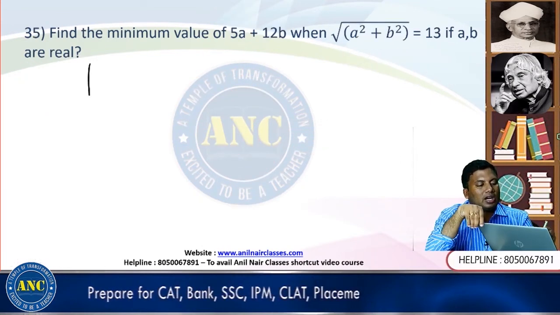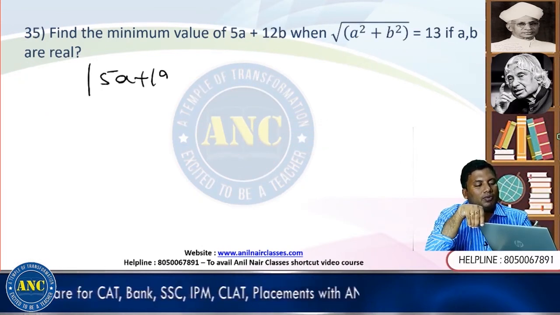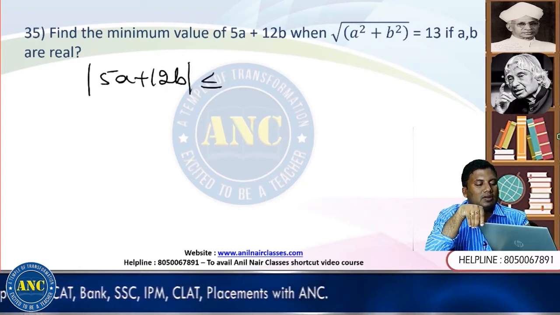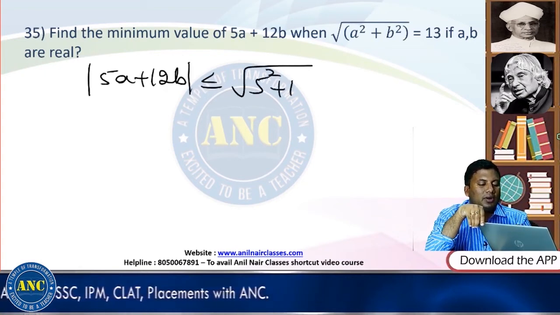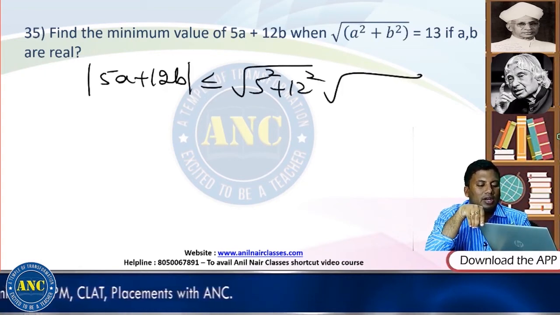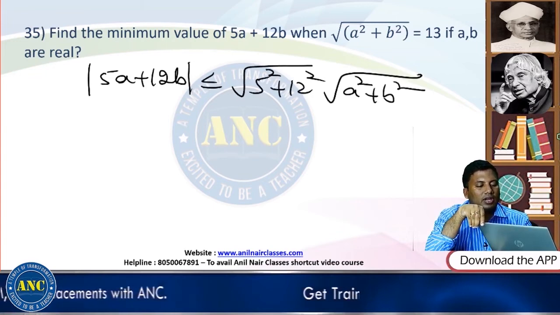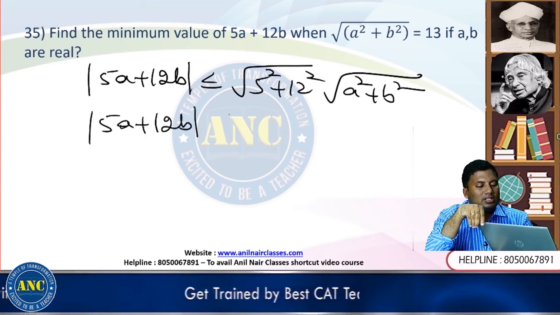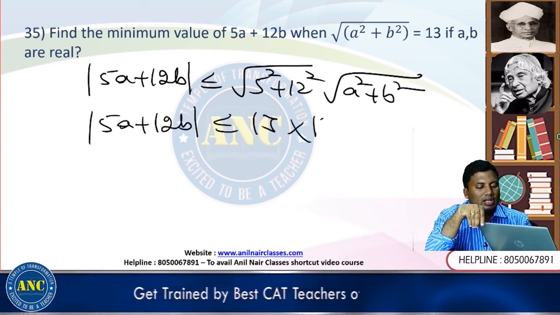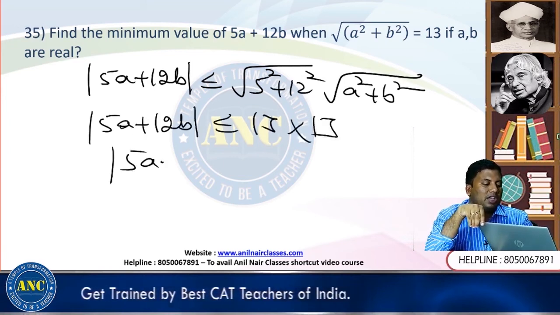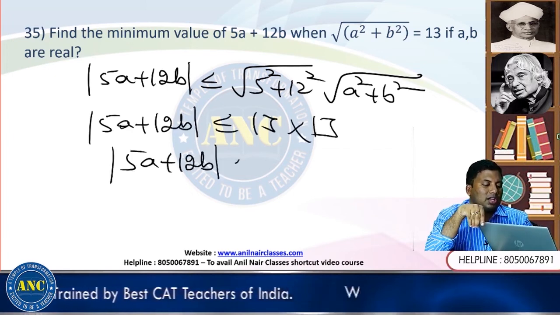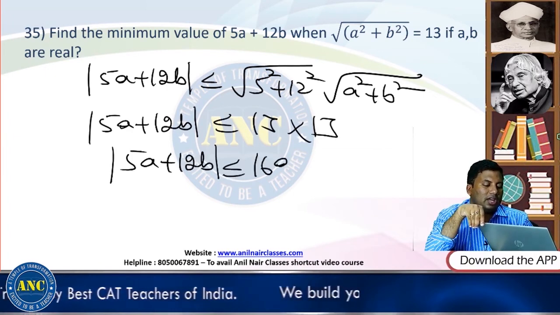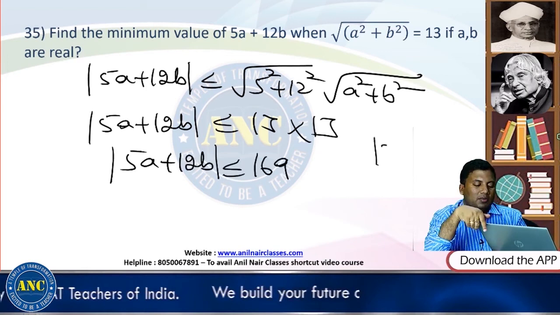Next one, same concept. Mod of 5a plus 12b is less than or equivalent to root of 5 square plus 12 square into root of a square plus b square. This mod of 5a plus 12b is less than or equivalent to 13 into 13, which is 169. Mod x less than or equivalent to a.